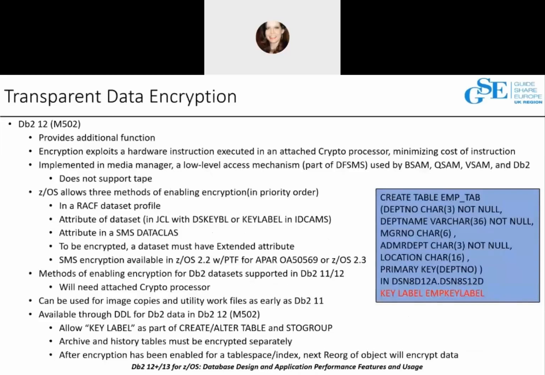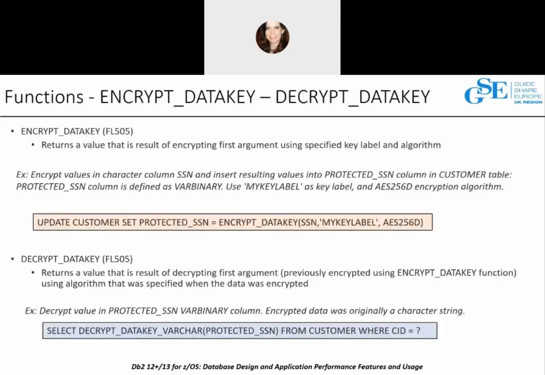Transparent data encryption, of course, came out in version 12 and in 502. We got the ability to define this through key labels. We can create the key labels directly on our Db2 tables, so we've been able to have our data encrypted at the Db2 table level. There are two new functions that came out in 505 that allow us to specify the ability to encrypt our data on an update.